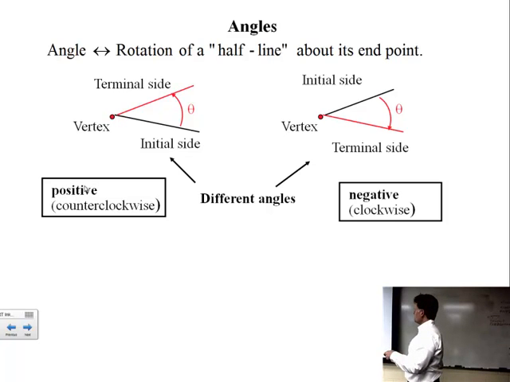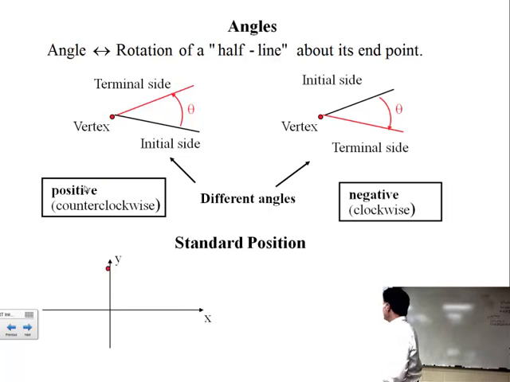So a counterclockwise rotation will give us a positive theta, and a clockwise rotation will give us a negative theta. So just in the case of angles in the plane, we will consider angles to be signed. So clockwise is a negative angle. So here, these are not the same angle, because the terminal sides and initial sides are different. All right.